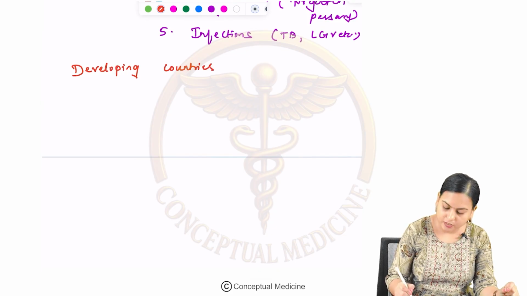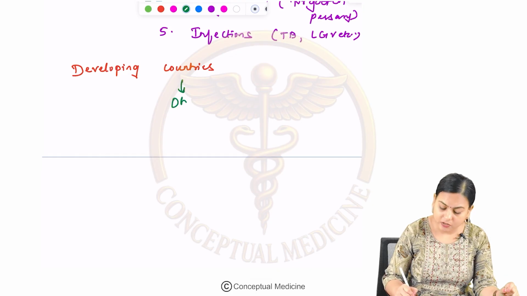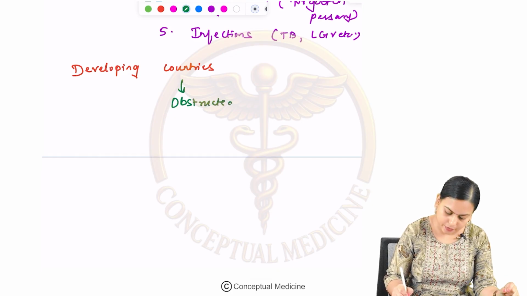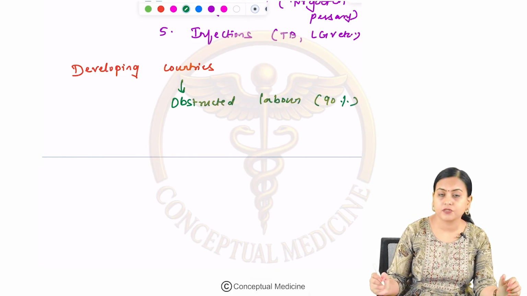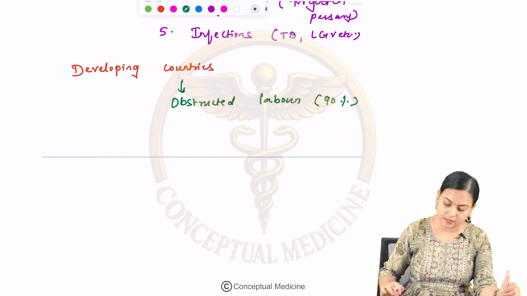Right. Now I want to summarize one important point, that is, in developing countries the important cause is going to be obstructed labor, okay, which will lead to fistula in 90% of the cases.